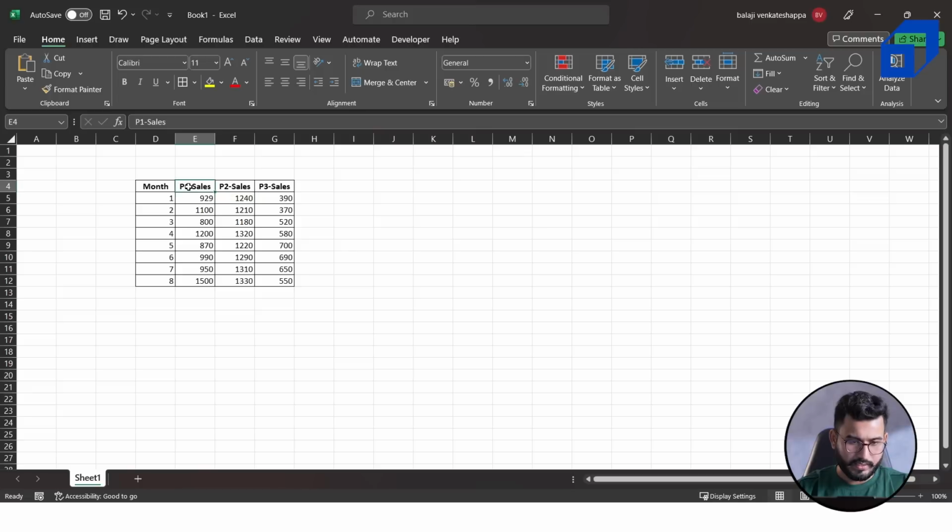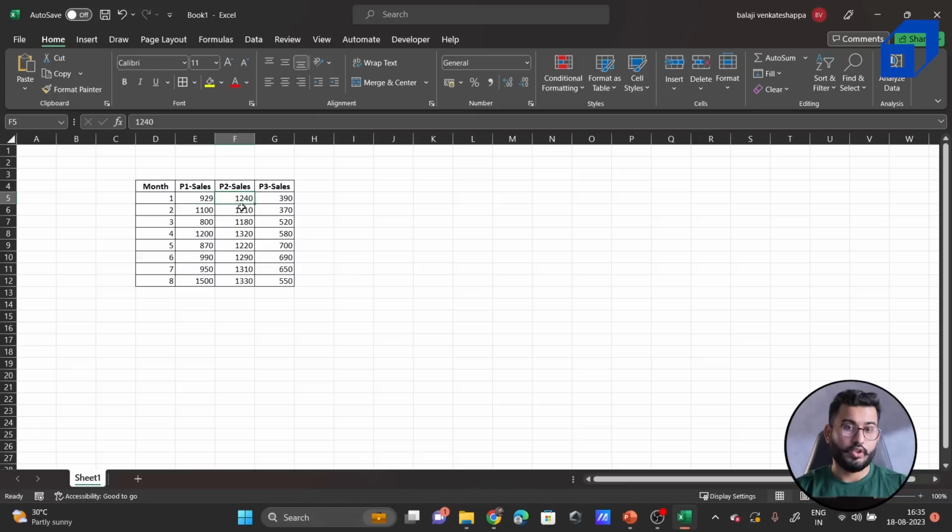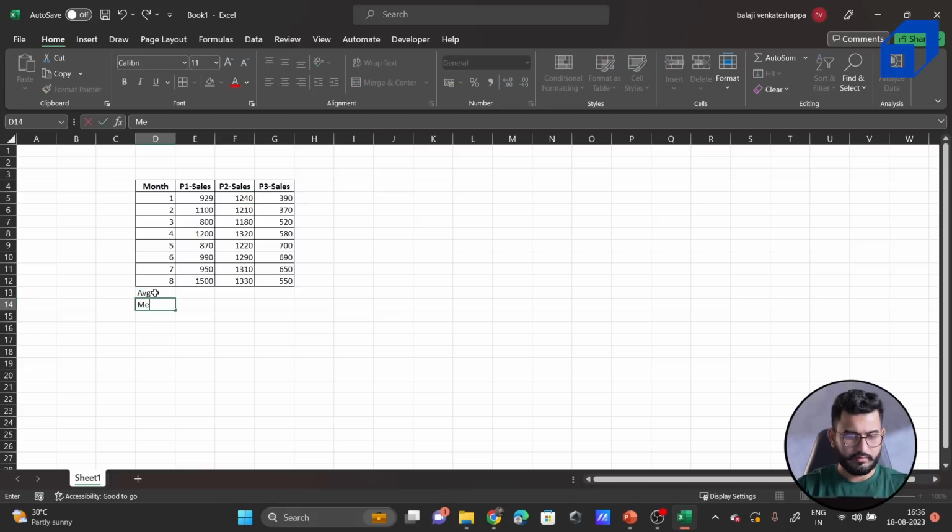So for product number 1, in month 1, 929 units were sold. Similarly, for product 2, in month 1, 1240 units were sold, and so on. So we can quickly find out the average, median, and mode for each of them.